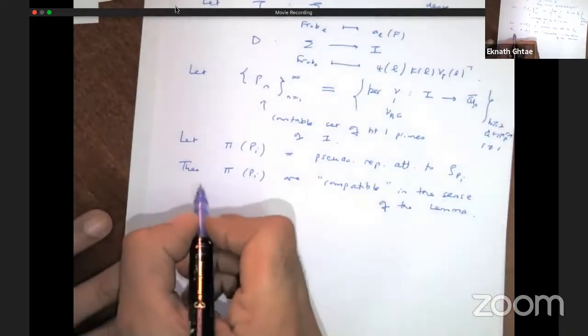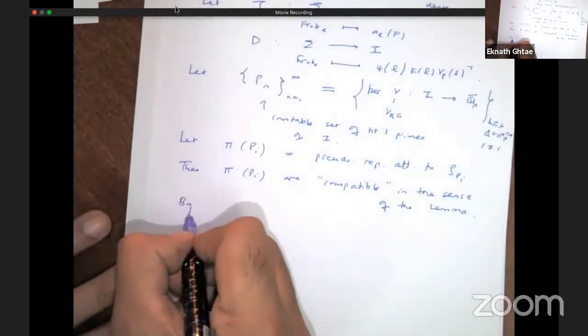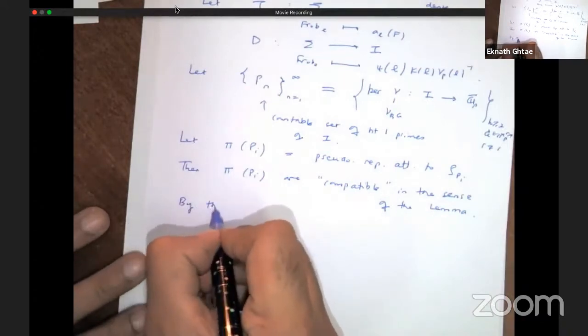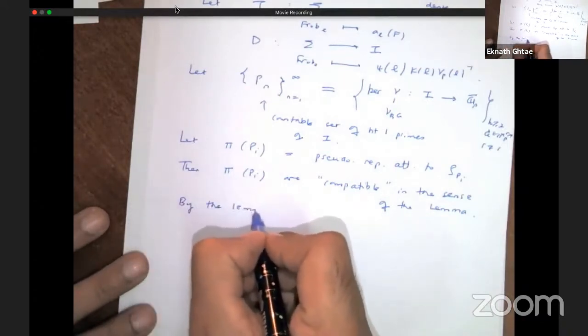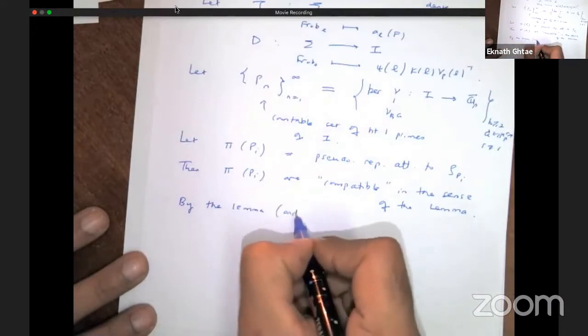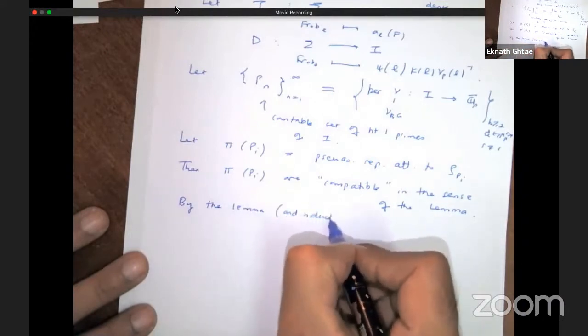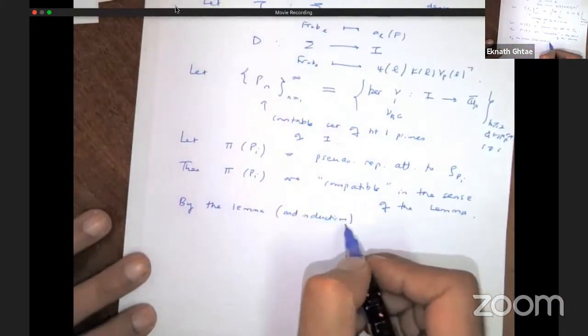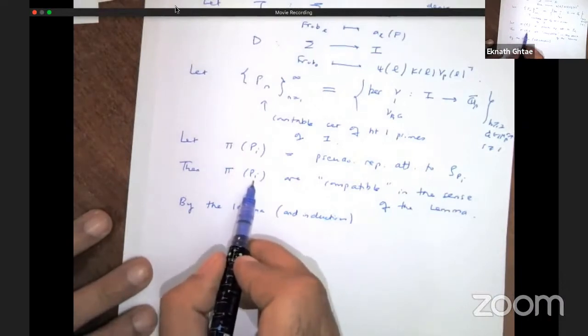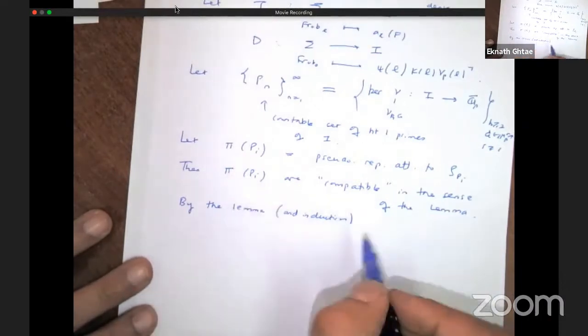So by the lemma, and the lemma is only for two things, and by induction, where you have to do this again and again, which I'll skip, you first patch P1 and P2, then P1 intersection P2 with P3, and so on and so forth.